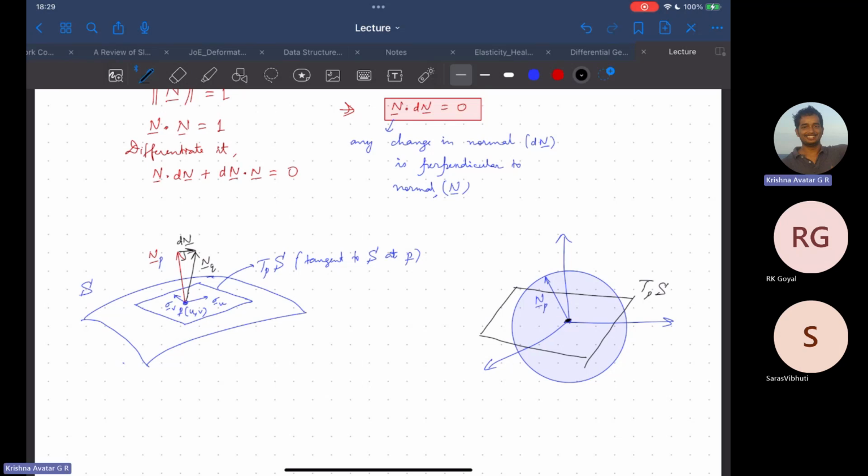So the dN vector is perpendicular to NP, which of course we know from this definition here that dN plus this is 0. Since you know that dN is perpendicular to NP, and even the tangent plane is also normal to NP, right?